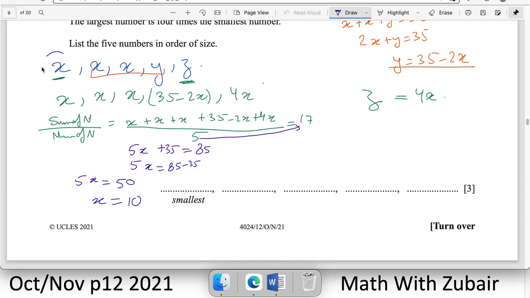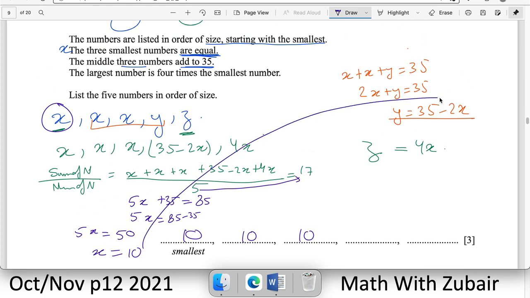So the smallest number is x, which is 10, and we had the first 3 numbers the same. Then y, if you plug this 10 here, gives you 35 minus 20, which is 15. 15 is here, and for z it is 40.